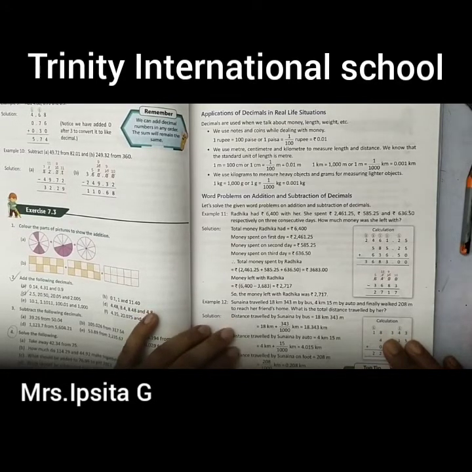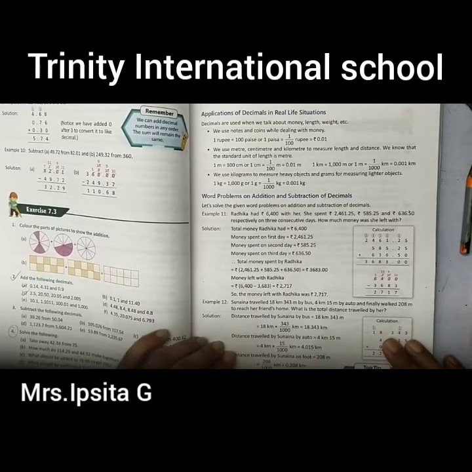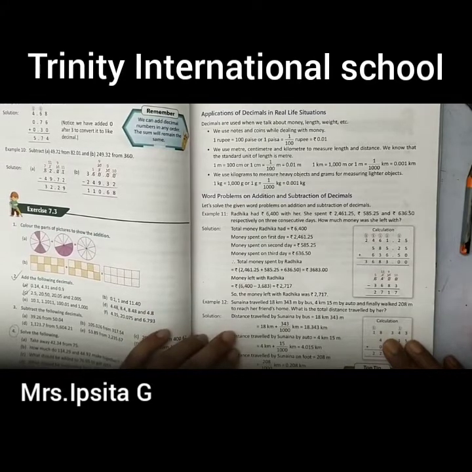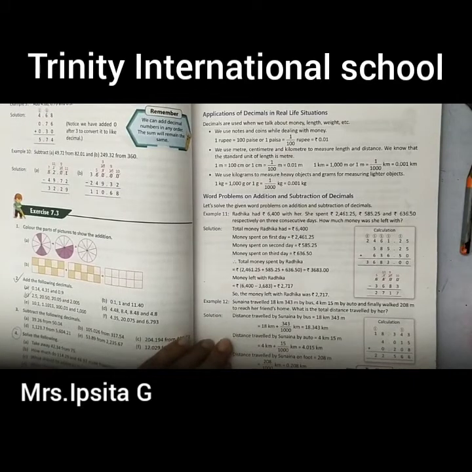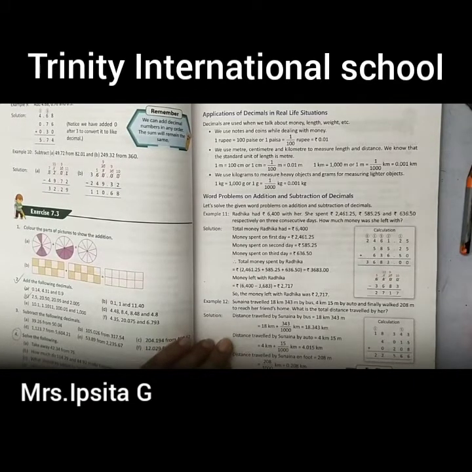So we will go to exercise 7.4 based on this topic. So let us move to the word problems, and you already know how we write the statements in word problems. So the similar way we will follow in this exercise as well.